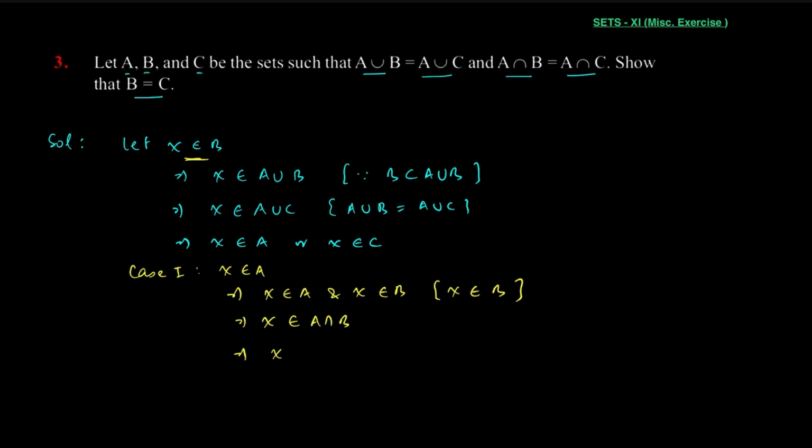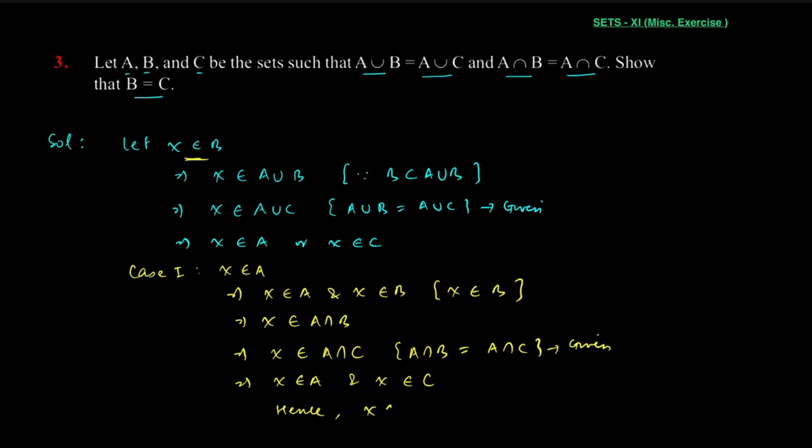This implies X belongs to A intersection C, as it is given that A intersection B is equal to A intersection C. This is given and this as well is given. So this implies that X belongs to A and X belongs to C. Hence, X belongs to C also.